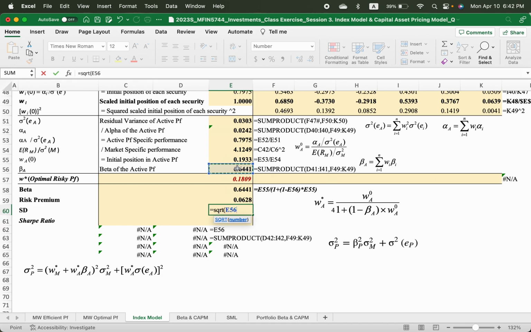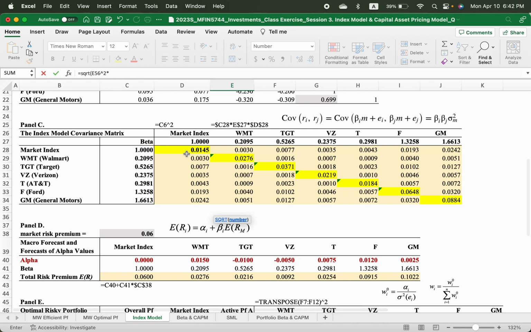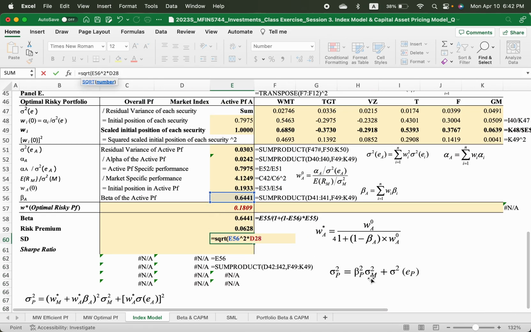This portfolio beta to the power of 2, and we multiply the variance of the market we already got, plus the residual variance of the active portfolio.